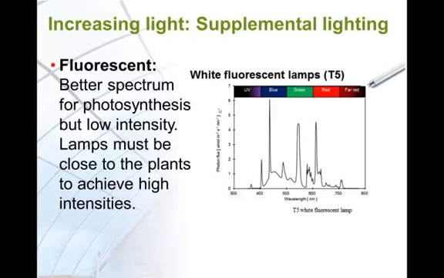Fluorescent lamps may not be so common in greenhouse production systems, but they are still widely used for germination areas and also indoor nursery areas. Therefore, I would like to show you in here. It's a wide spectrum, including a lot of blue, a lot of green, and a lot of red.